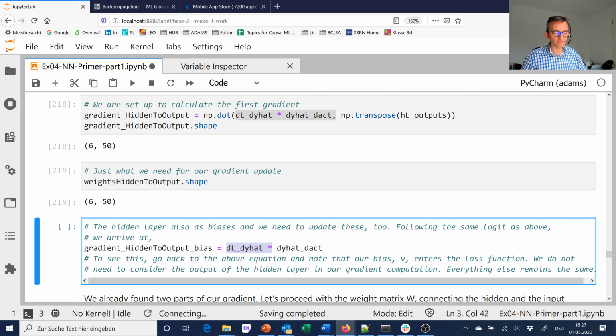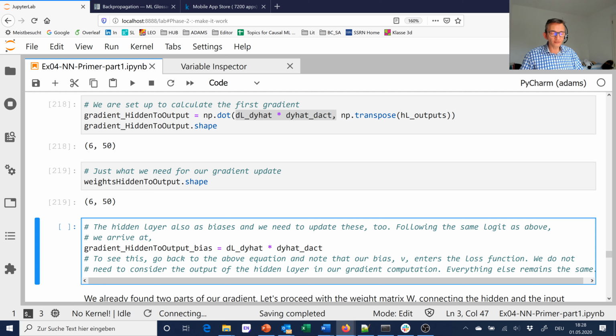It's exactly the same as this bit, which does make sense because in order to find this partial derivative, we would proceed in the same way. We would find our way backward from the loss function, from the residual, the derivative of the loss function, going to the derivative of our forecast with regard to the raw output score, which depends on the output layer activation function, softmax, and ReLU in my simplified example.